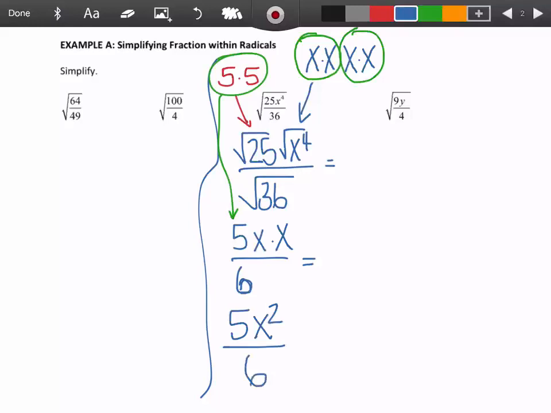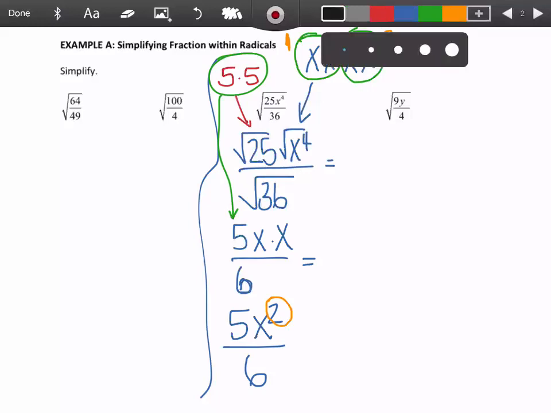And then over 6. Another way of looking at this is that you have one group of x's, and you have two groups of x's, and that's how you get your exponent. So that's how we simplify square roots with variables underneath the square root as well.